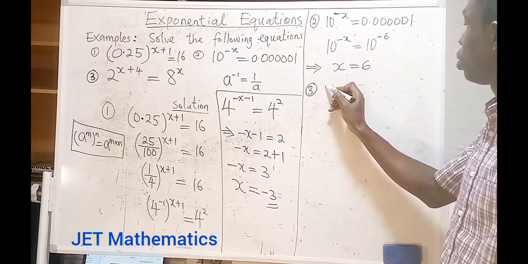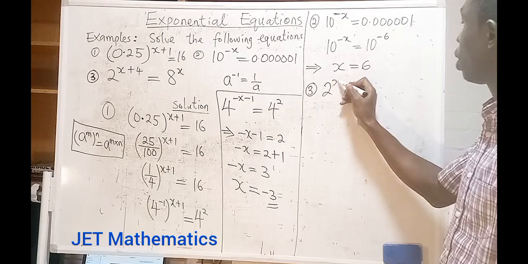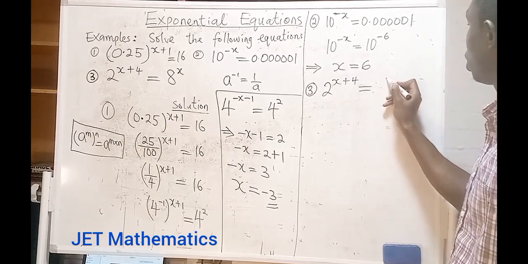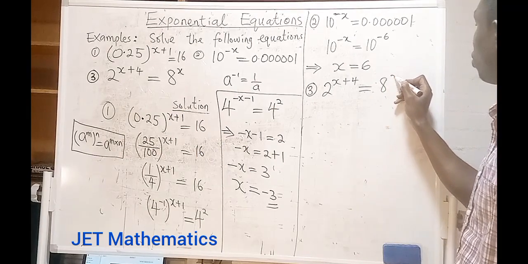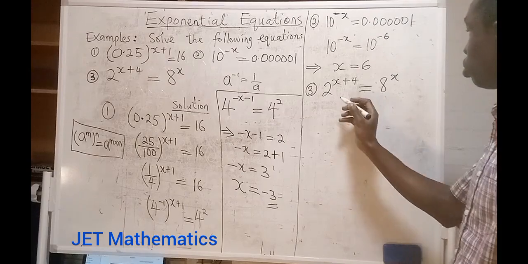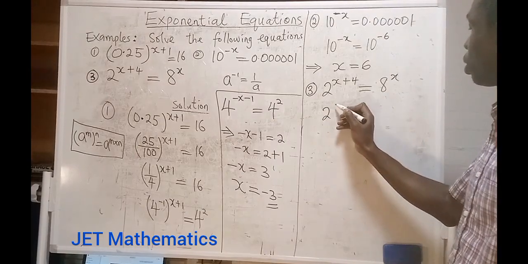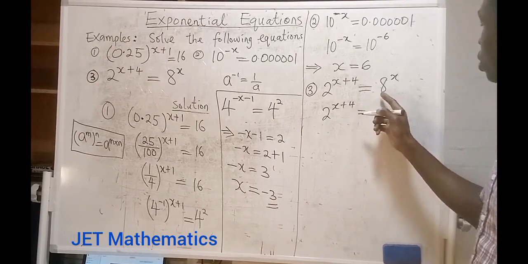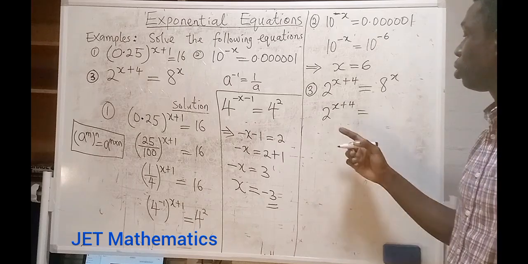It says 2 raised to the power of x plus 4 is equal to 8 raised to the power of x. Good. This we can write again as 2 raised to the power of x plus 4. We can write 8 in base 2.